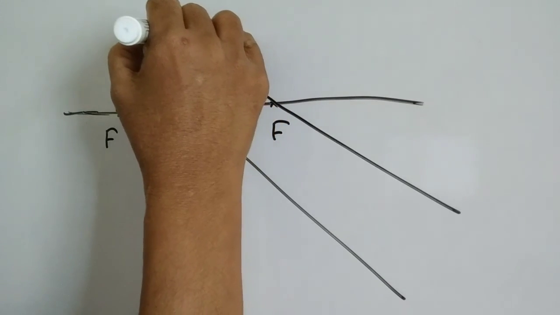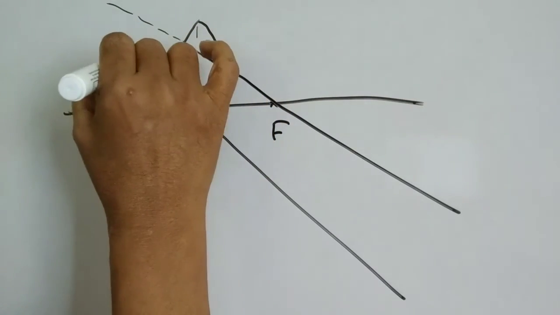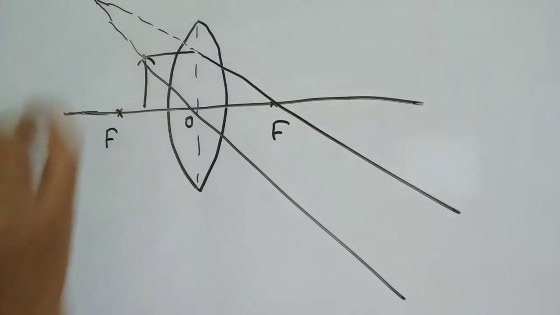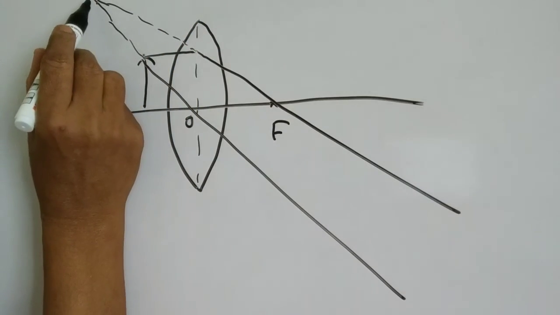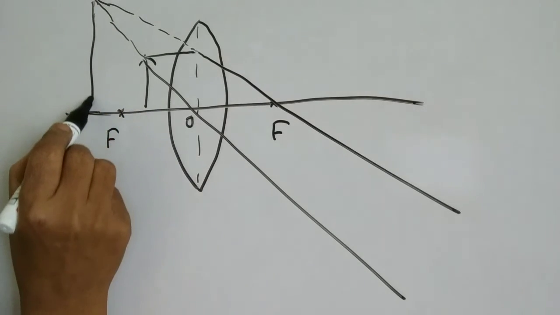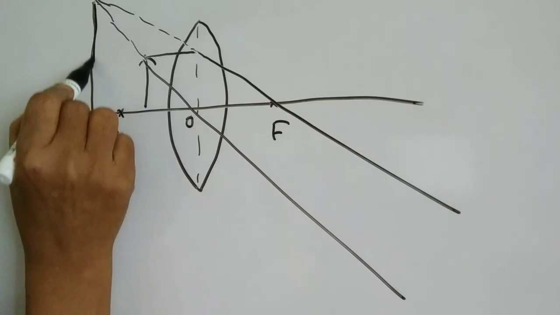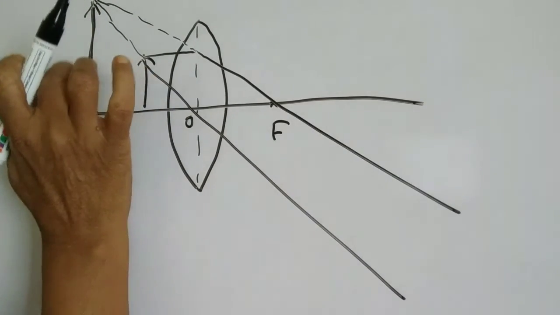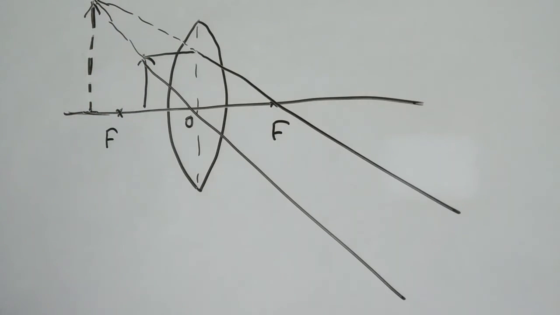When we produce these lines backwards, they will meet at a point here, which forms a virtual erect image, because the image is not formed by actual intersection.